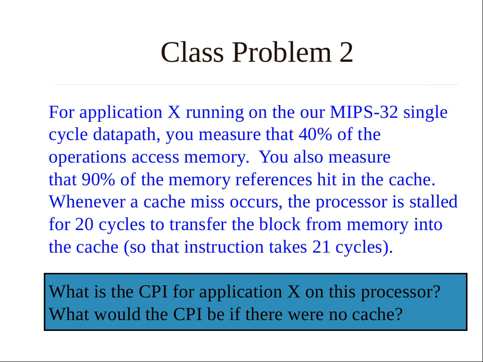Application, what would be the CPI if there was no cache? 0.6 times 1 plus 0.4 times 21. And what is that? 0.84 plus 0.6.